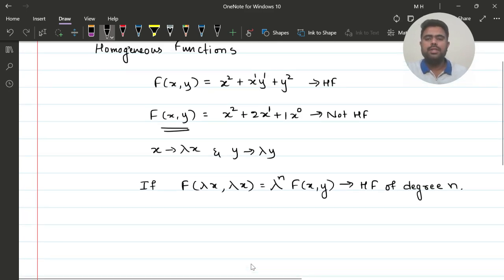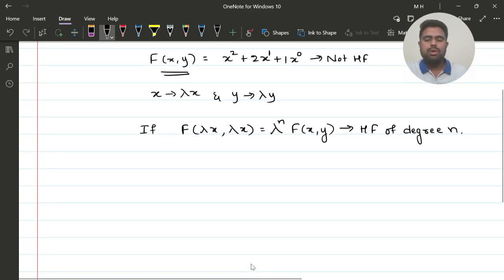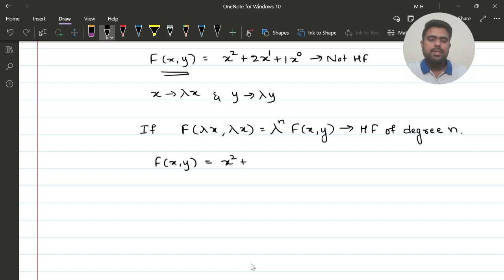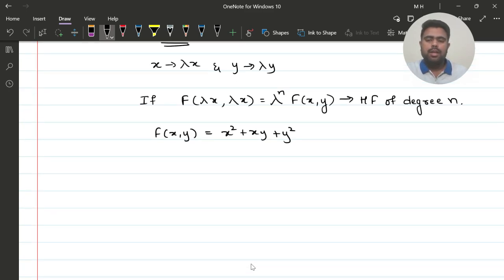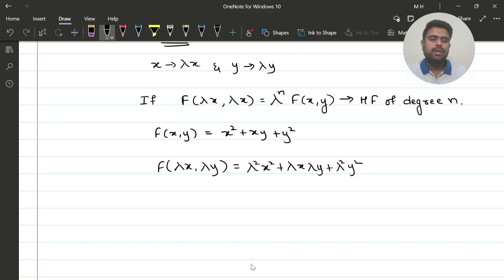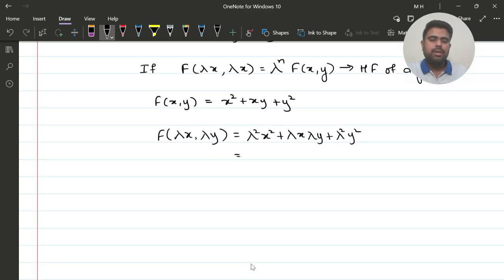If I take the first example itself, f of x comma y is equal to x square plus xy plus y square. If I replace x by lambda x and y by lambda y, what will I get? I will get lambda square x square plus lambda x lambda y plus lambda square y square. Lambda square is common.